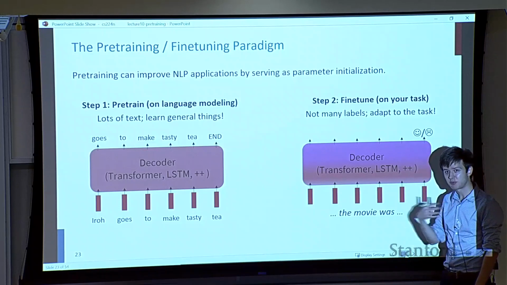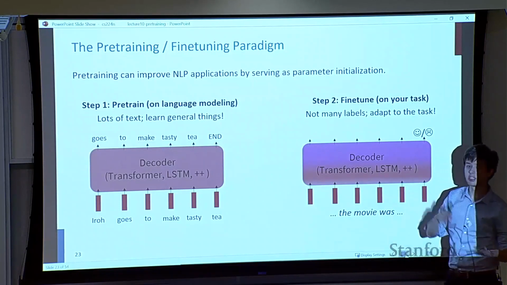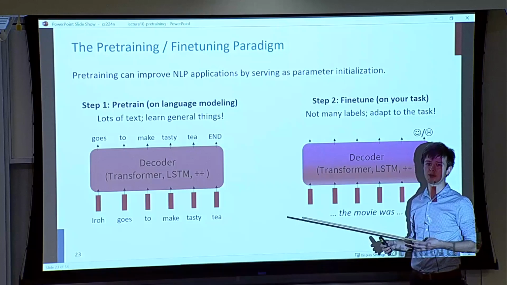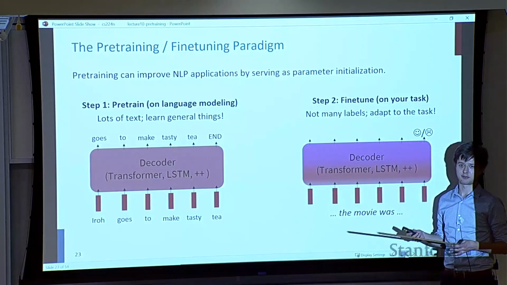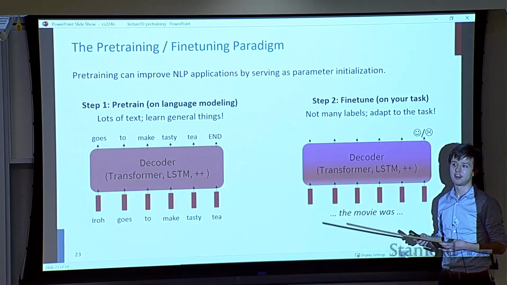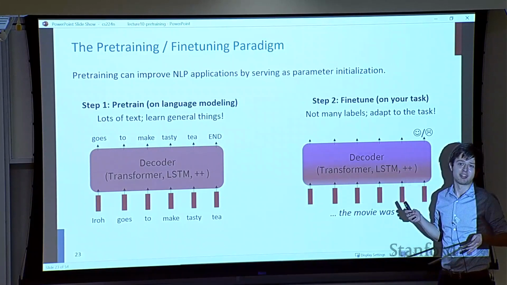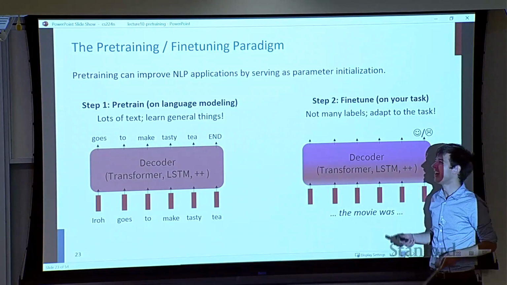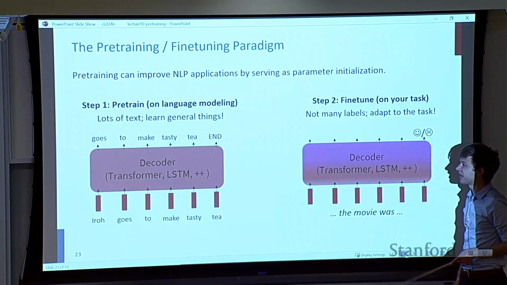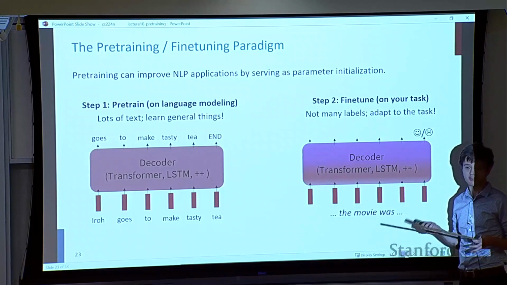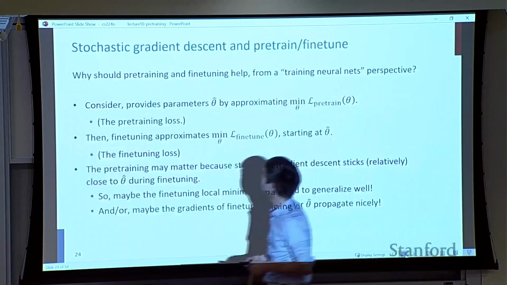This is adapting the pre-trained network to the task. This pre-train, fine-tune paradigm is wildly successful, and you should really try it whenever you're doing any NLP task nowadays, because some variant of this tends to be what works best.